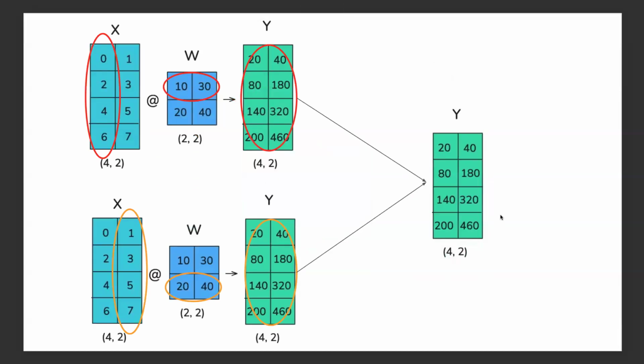We can split W not by columns, but by rows this time. And we can take only the first column of X or only the second column of X. So we split our input by columns, we split our W by rows. And when we do that, we get back a part of Y that we can sum up later.